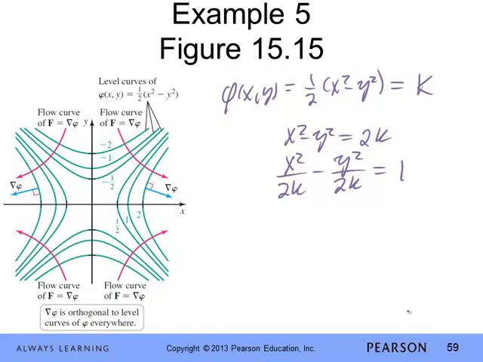If k is equal to 1, then this branch together with this branch is a different level curve. If k is equal to 1/2, then here are your two branches. If k is equal to negative 1/2, here are the two branches of your hyperbola. k equals -1, k equals -2, and so forth. So you've got your family of level curves.